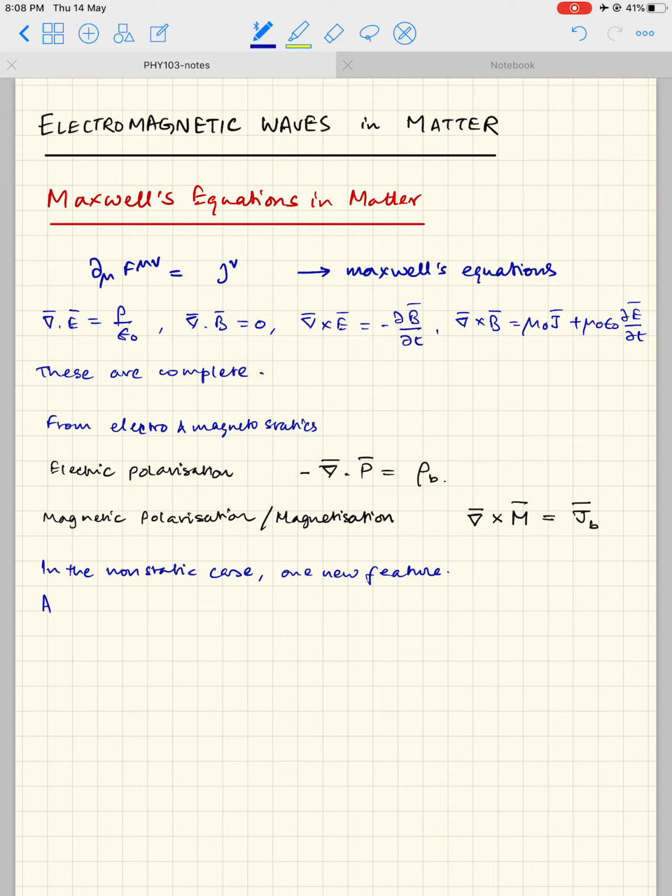Any change in electric polarization involves a flow of the bound charge.